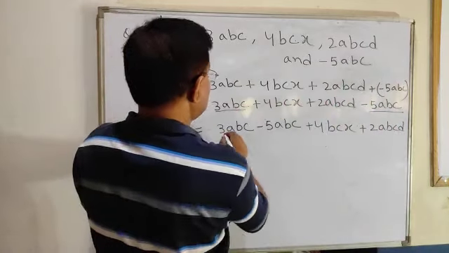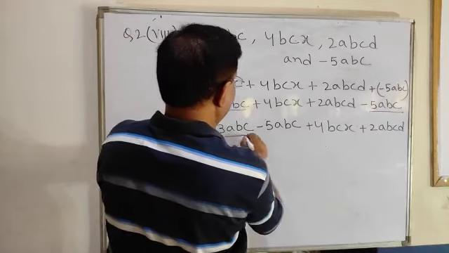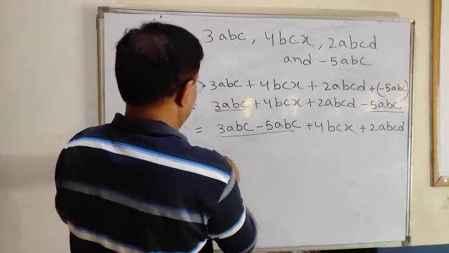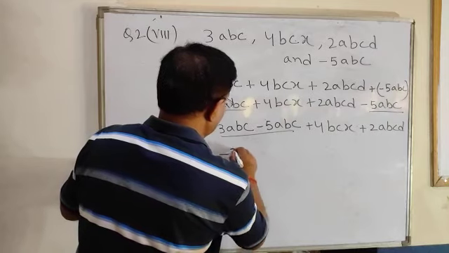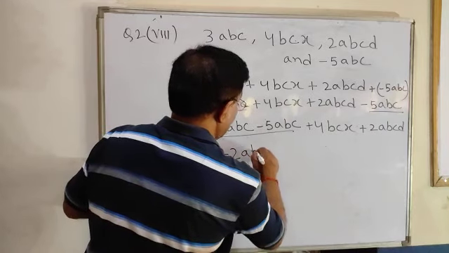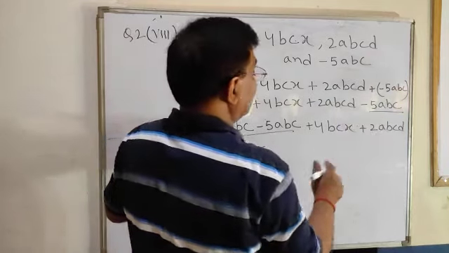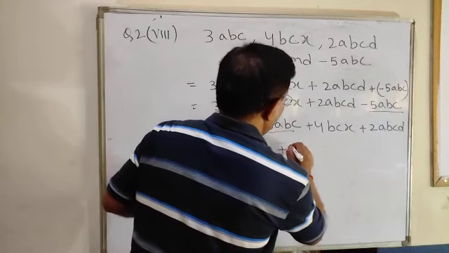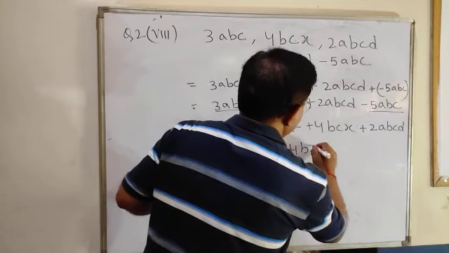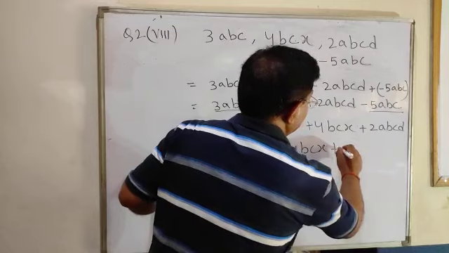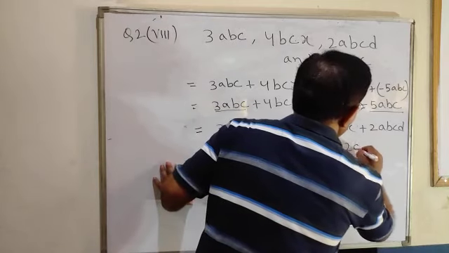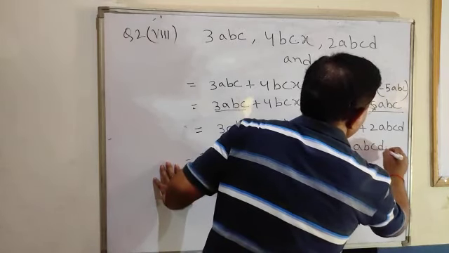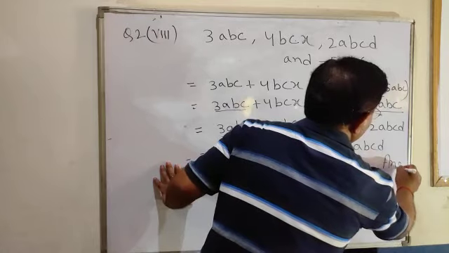Now ABC like terms, 3 minus 5 will be minus 2ABC, and the rest as usual we will keep. 4BCX plus 2ABCD, and this is the answer.